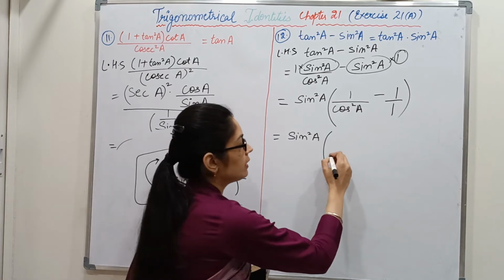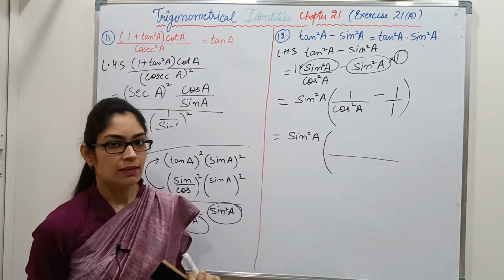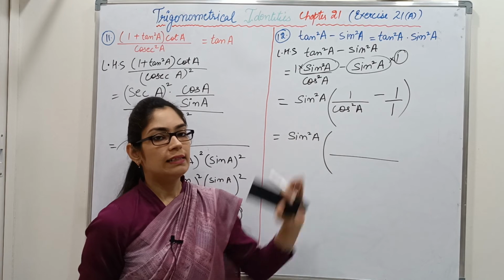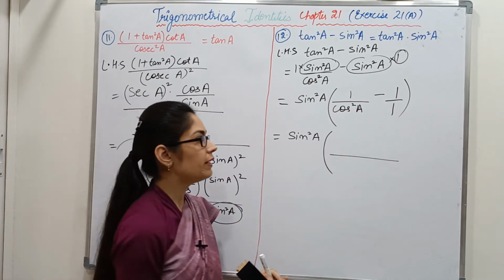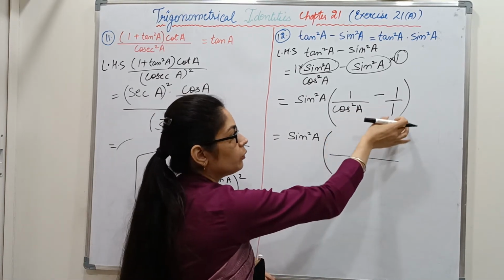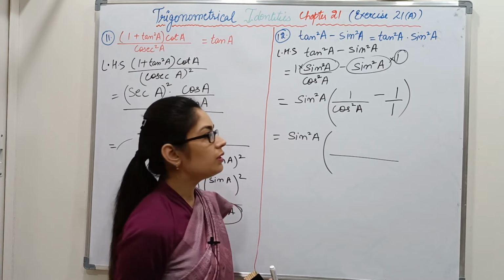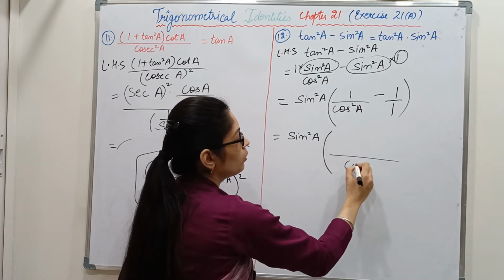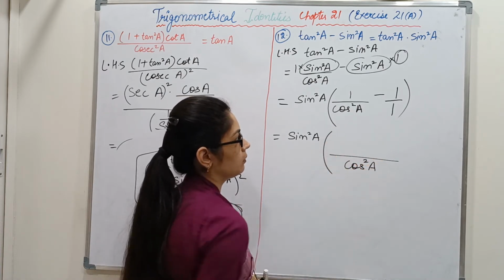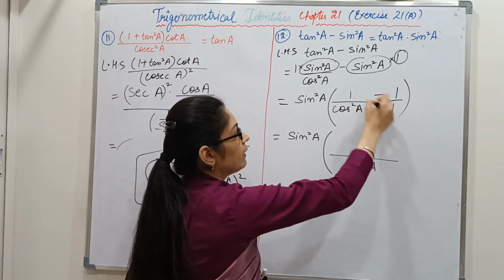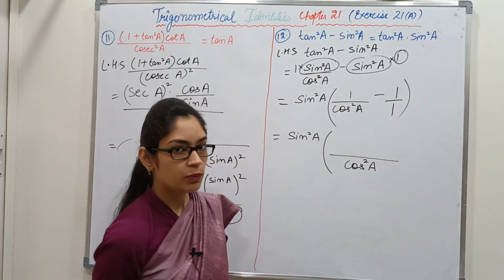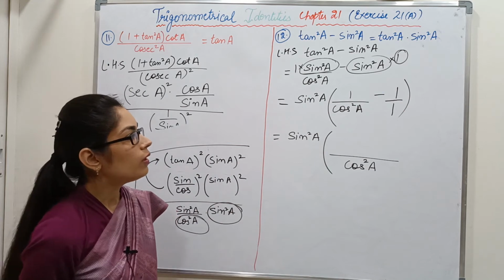Two fractions getting subtracted when their denominators are not the same, we should take their LCM. The LCM of such expressions is this into this, the multiplication of both the denominators. So cos square A into 1 is cos square A. And this side, cross multiplication. Whatever we have to write on the numerators, we'll do cross multiplication.